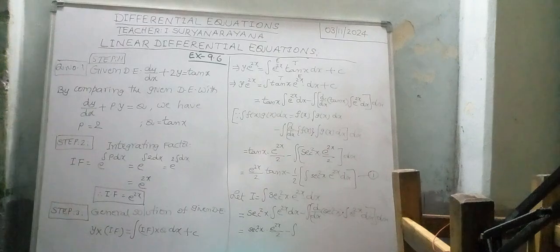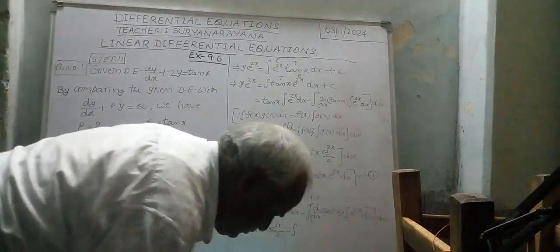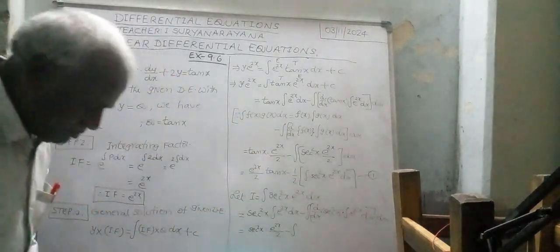Find the I value and substitute the I value in equation 1. So questions number 1, 2, 3, 4 are all first type of sums only.